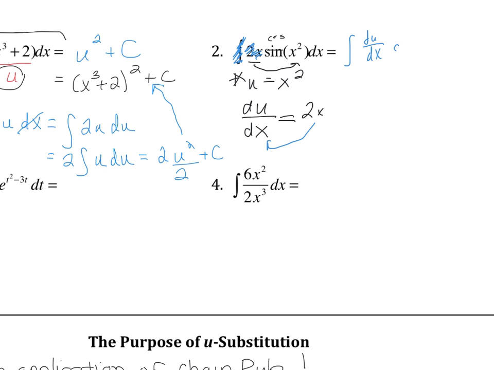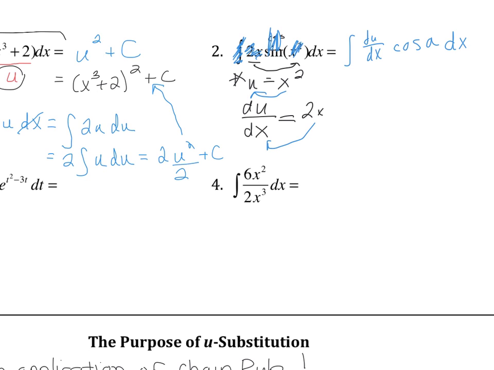Well, cosine is just going to be cosine. And then, not cosine of x squared, I can say cosine of u. Yep, that's a u. Okay, and then I still have to write the dx. I know we don't want it to be there, but everything still needs to be equivalent. You can't just decide you're not going to write something.